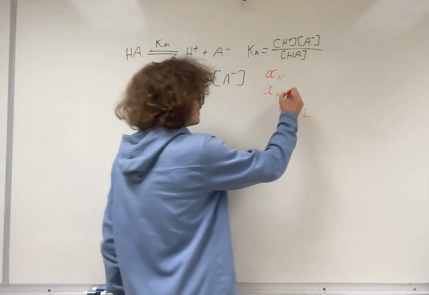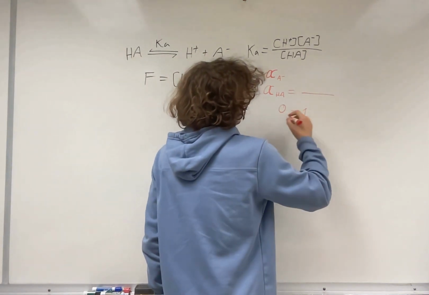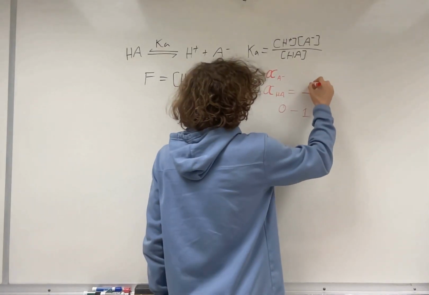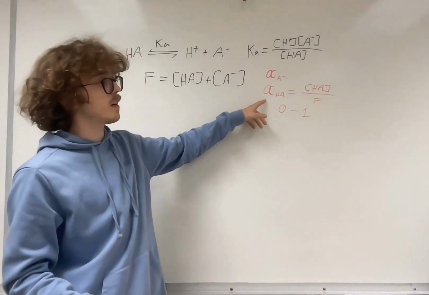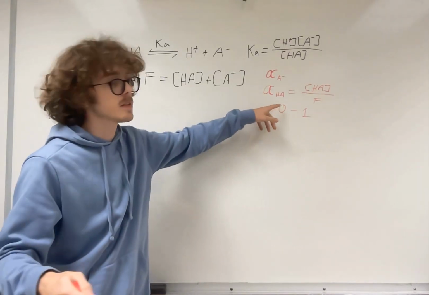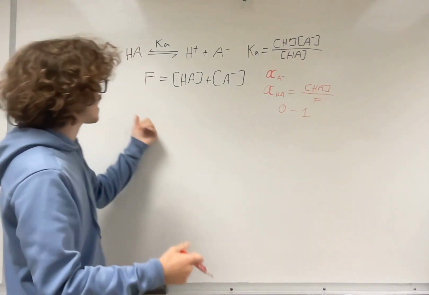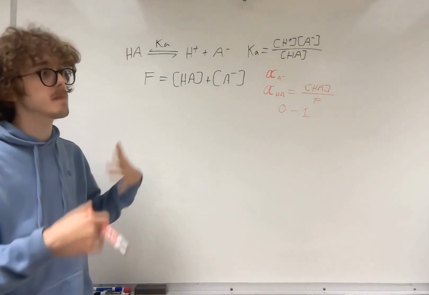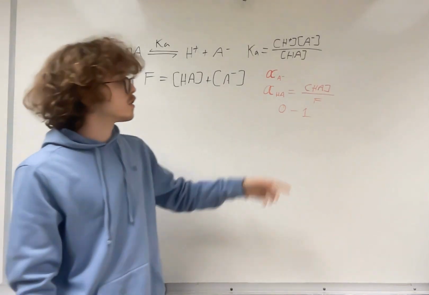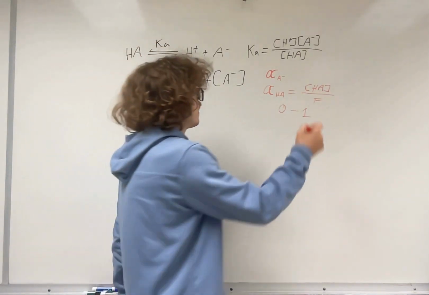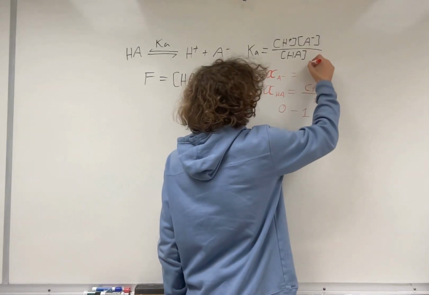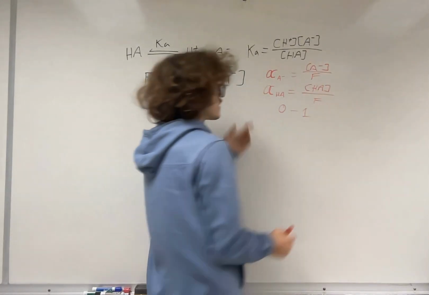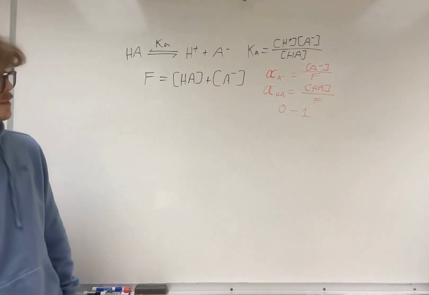And we're going to define these to be, hopefully it's a little intuitive, for the fraction of HA, HA over F, where F is the formal concentration, the amount that you put in. So it's just the fraction of that. And then the conjugate base over F is going to be the fraction of A minus.